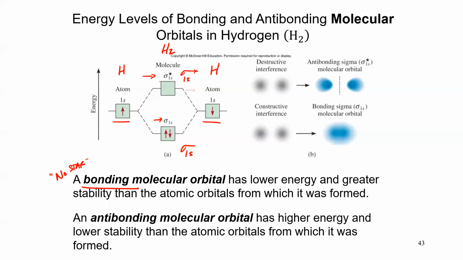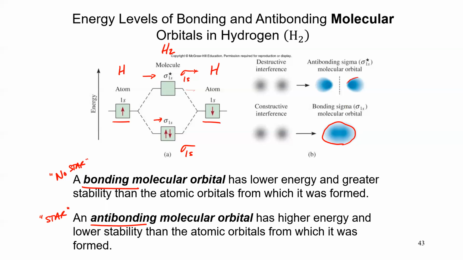Okay. The star orbitals up top, we call antibonding orbitals. And so we say star, like sigma star. This picture over here sort of shows that if we take two atomic orbitals and overlap them constructively, we get this overall molecular orbital here, where there's overlap of those two atomic orbitals.